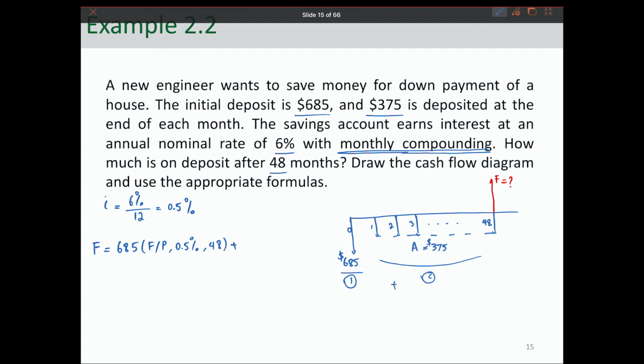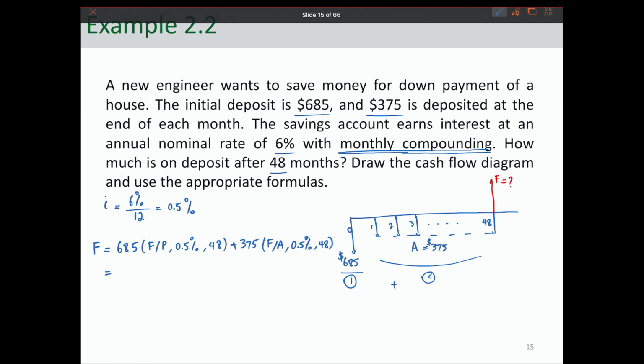And part 2 is a uniform series of $375. And since this is a uniform series, we can use the F given A factor of the same interest rate and 48 periods.